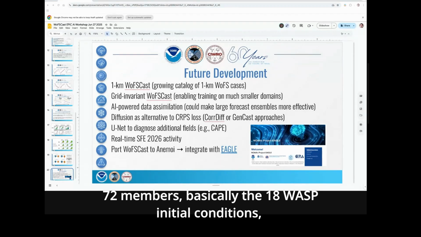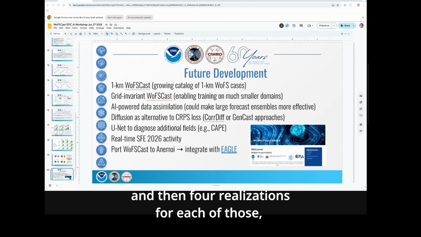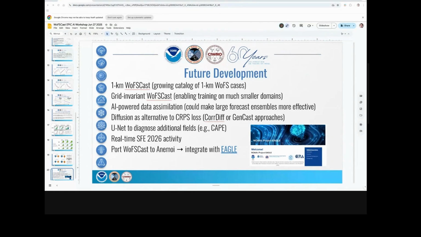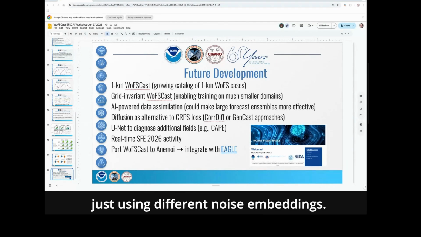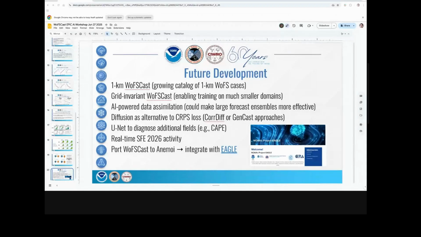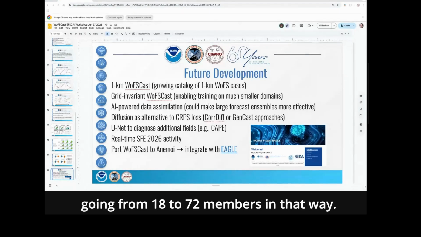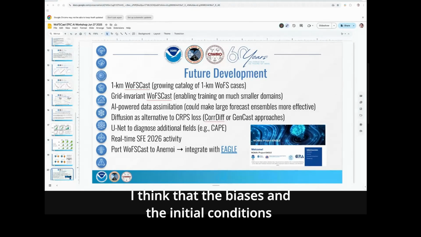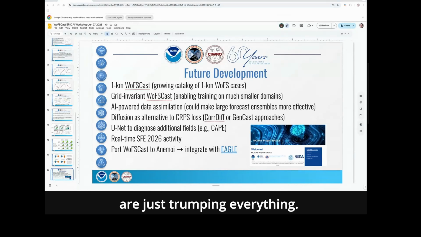So basically, the 18 WoFS initial conditions, and then 4 realizations for each of those, just using different noise embeddings. And there was trivial improvement, if any, going from 18 to 72 members in that way. I think the biases in the initial conditions are just trumping everything.